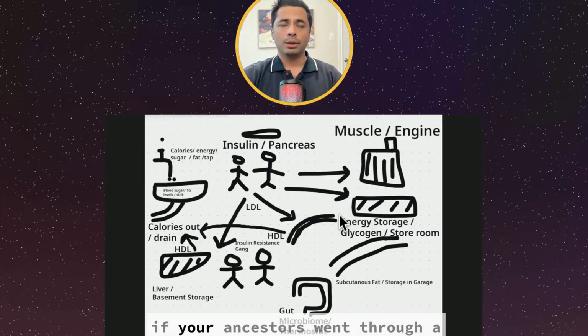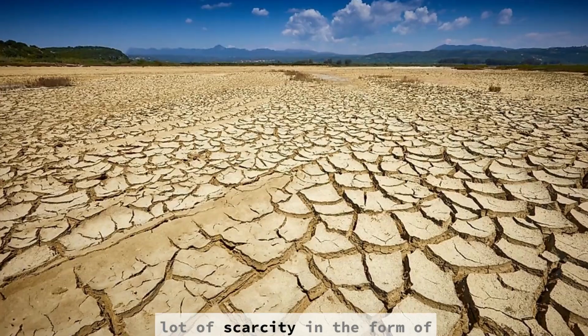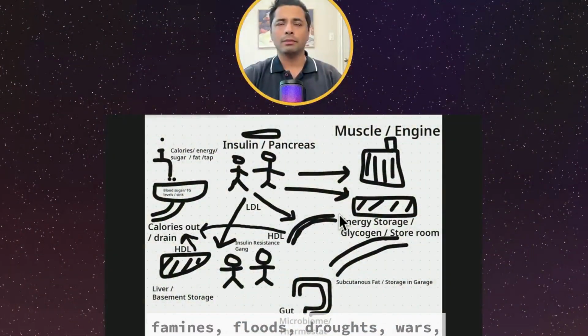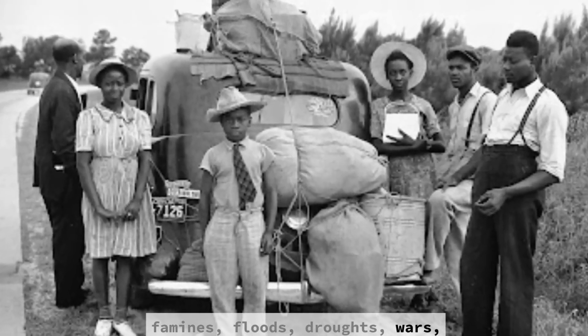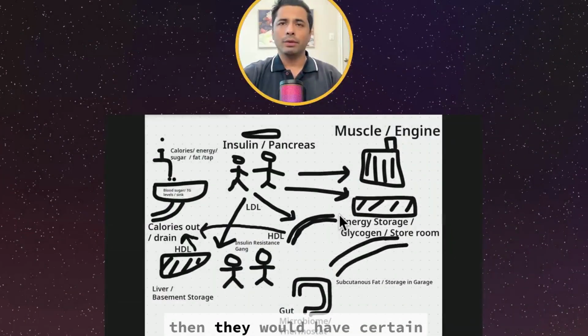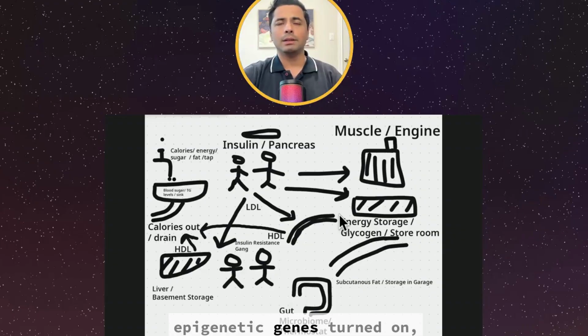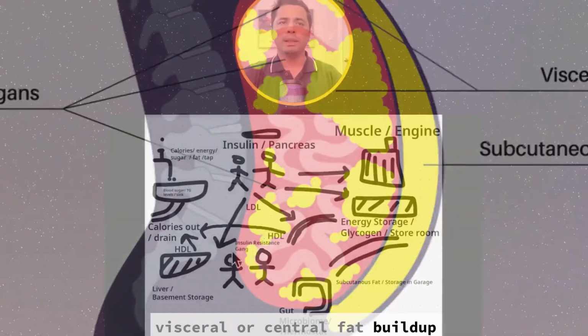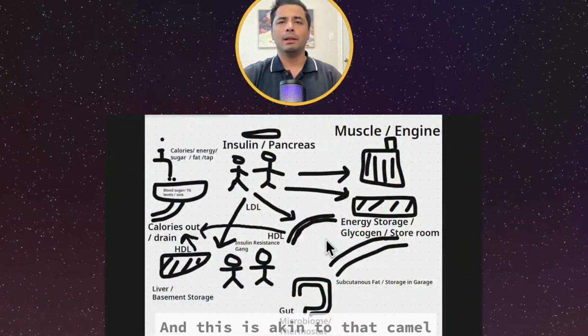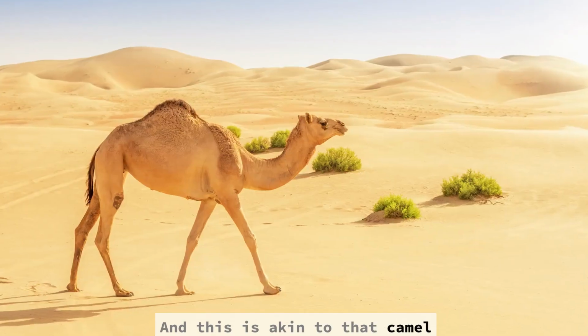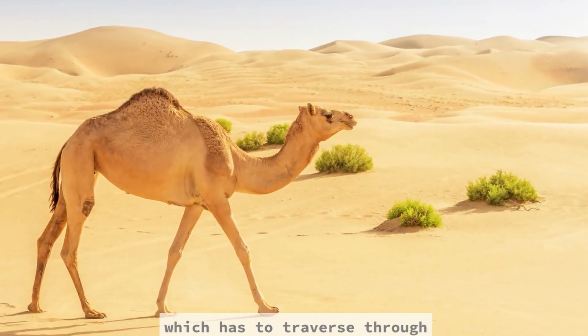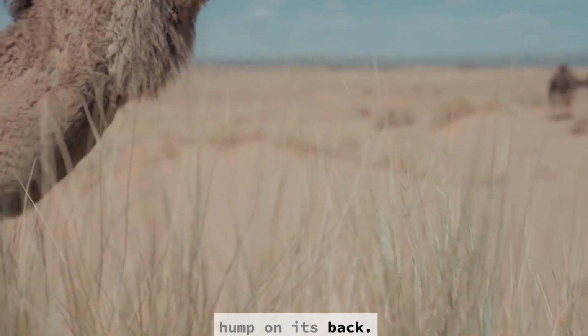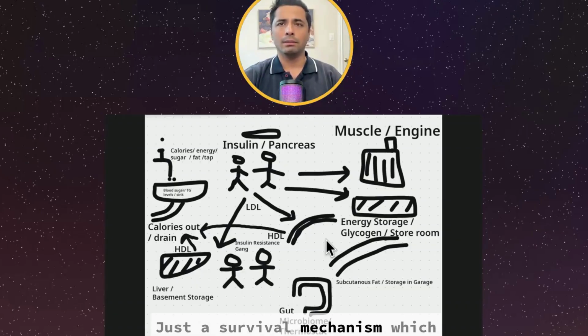Also, if your ancestors went through a lot of scarcity in the form of famines, floods, droughts, wars, migration, then they would have certain epigenetic genes turned on, which would promote more visceral or central fat buildup into the liver and around the belly. And this is akin to that camel which has to traverse through the desert and has a hump on its back. That's just a survival mechanism which is turned on because of those events.